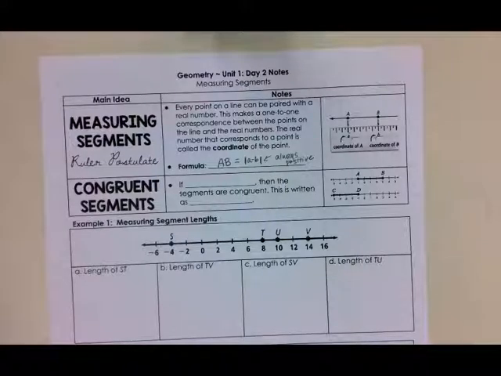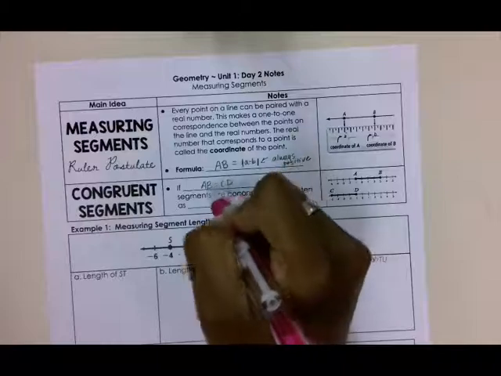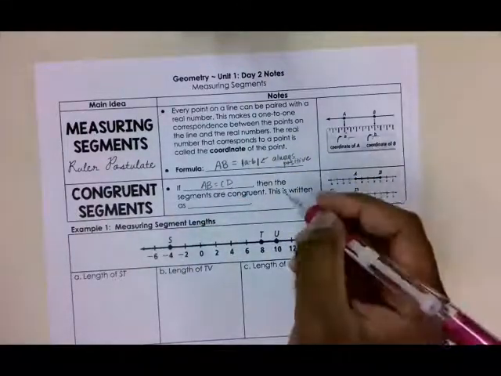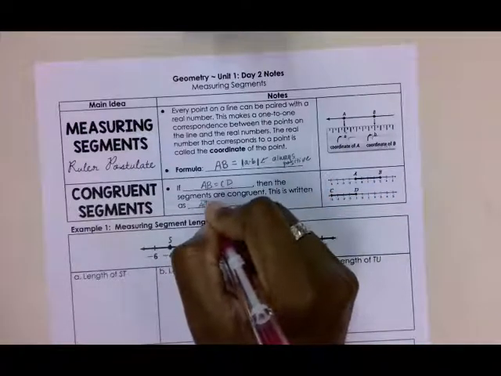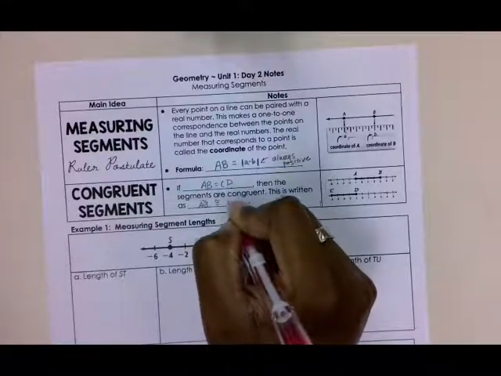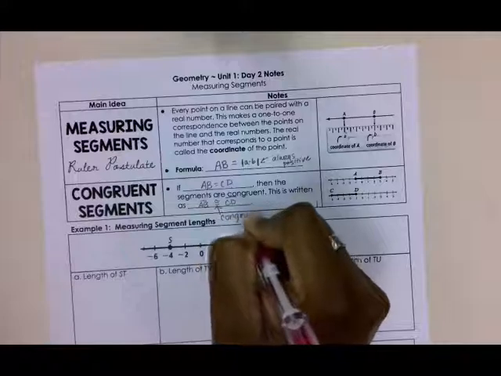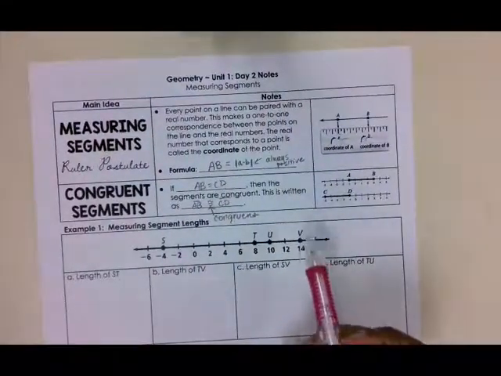If AB equals CD, so that's the length of AB equals the length of CD, then the segments are congruent. This is written as AB with a segment over it is congruent to CD. So this means congruent. That's the sign we use for congruent, alright?